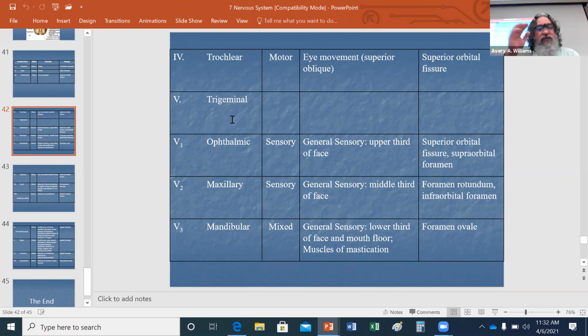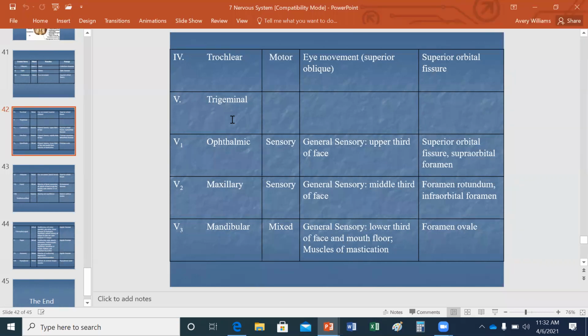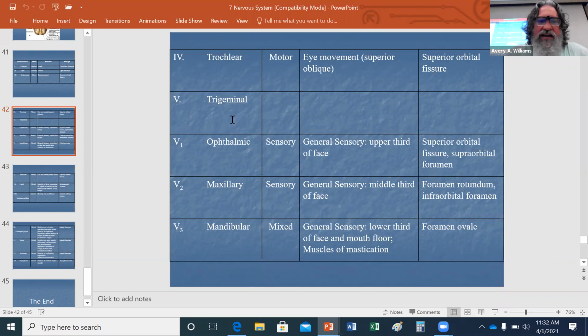Ophthalmic means eye, so it's the upper third of your face, your forehead and the top of your eye. Maxillary is the one in the middle, associated with the upper jaw. And the mandibular is where your mandible is down here. So basically it does general sensory for each third of your face.